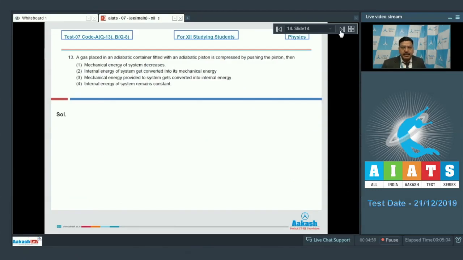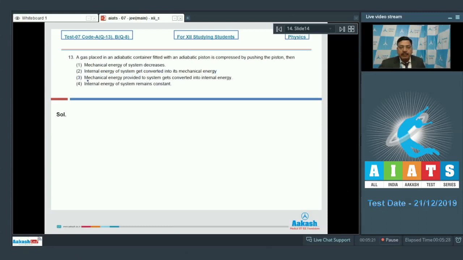Question 13 says, a gas placed in an adiabatic container fitted with an adiabatic piston is compressed by pushing the piston. Then option 1 says mechanical energy of system decreases. Option 2 says internal energy of system gets converted into its mechanical energy.